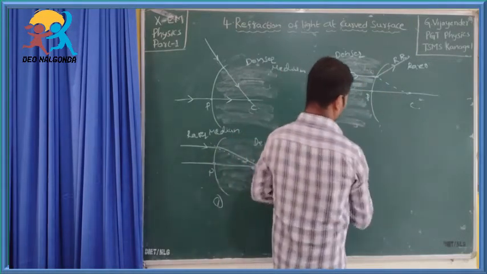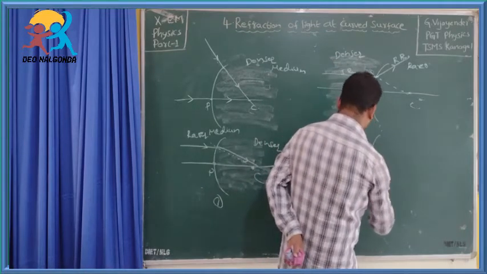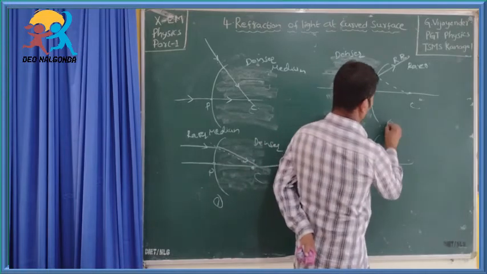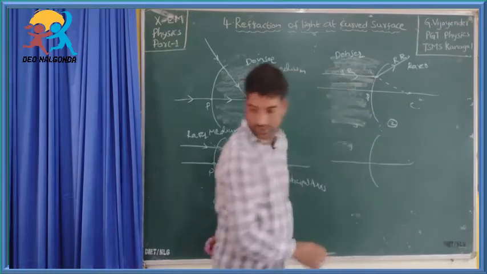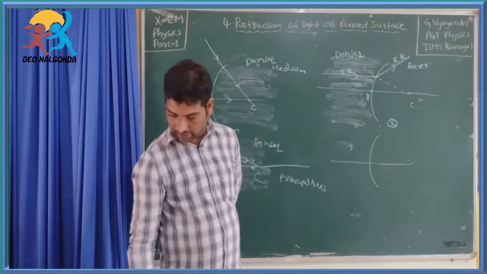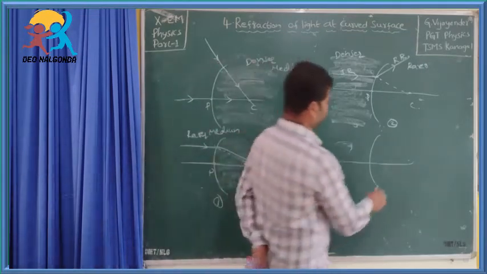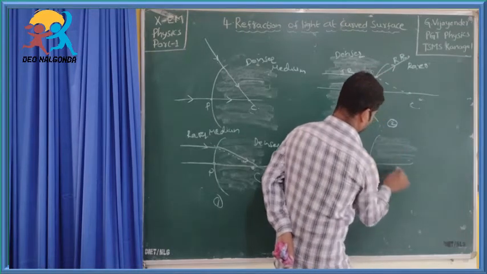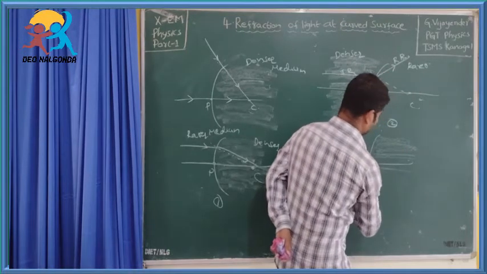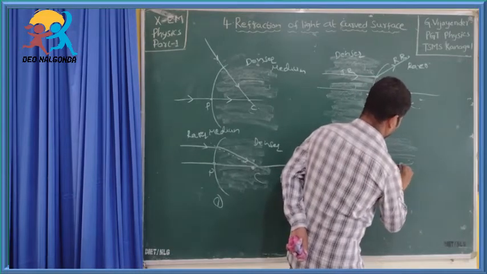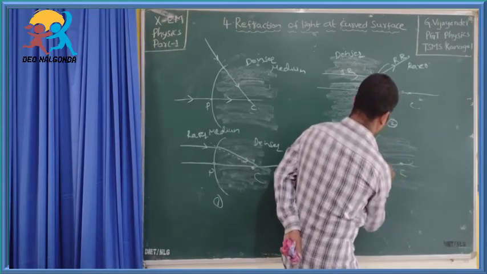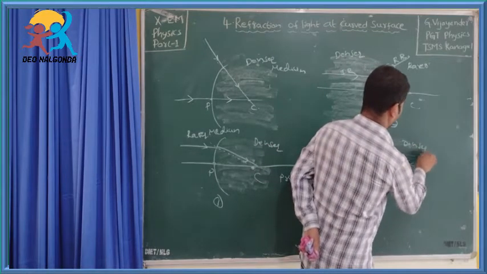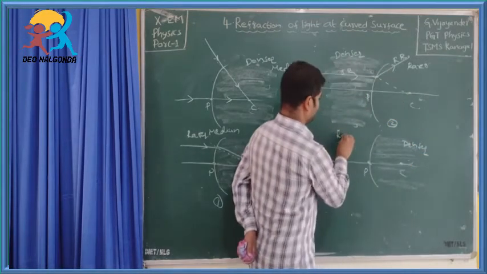In case 3, this is figure 2. Figure 3 is the light ray traveling from denser medium to rarer medium and striking at a concave surface. Pole, center. This is denser medium, this is rarer medium.